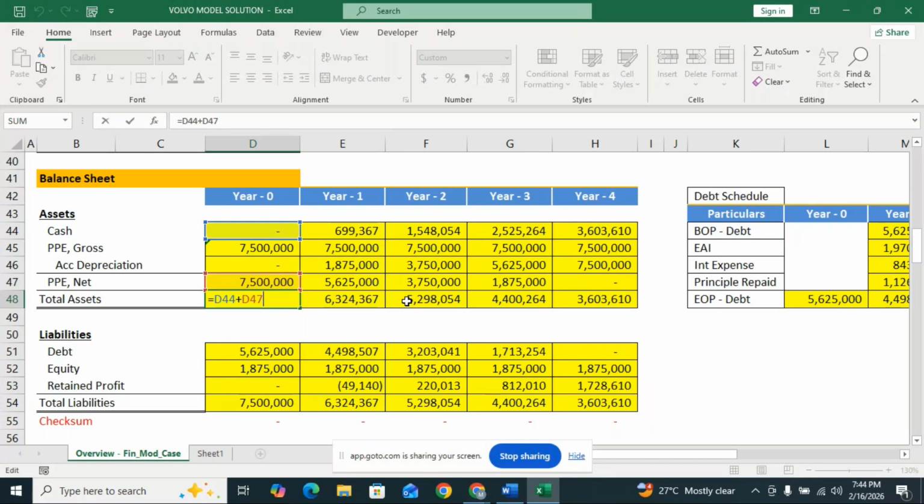Now I think you've got the same value for total assets. Yes, ma'am, now I got it.